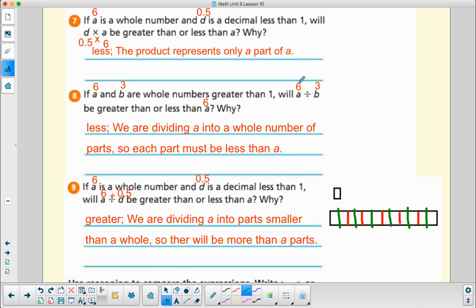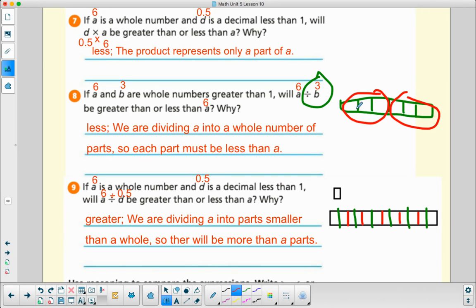So again, it's just kind of the opposite of what you learned before. You learned before when you were dividing, you would get less. Well, when you divide by a whole number like 3, yeah, you do have less, because those 6 get divided into groups of 3. 2 groups of 3.